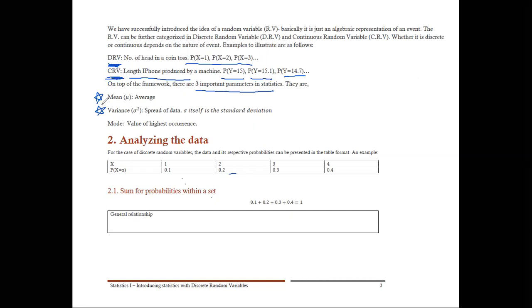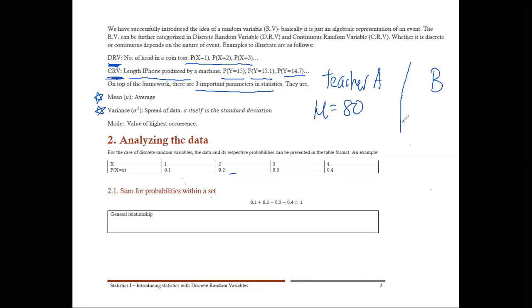So what is the importance of variance? For example, if I have 2 teachers, teacher A and teacher B. Teacher A claimed that the average value for his mathematics exam among all his students is 80 marks.